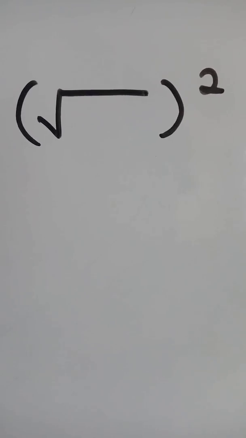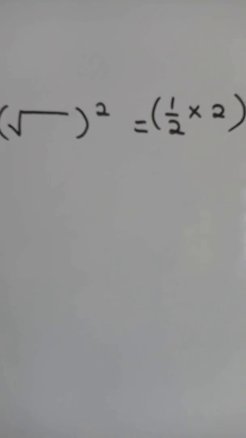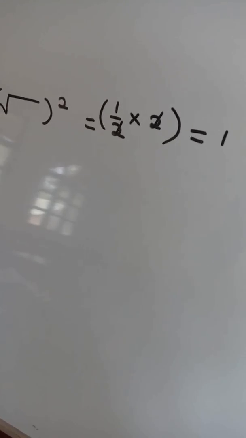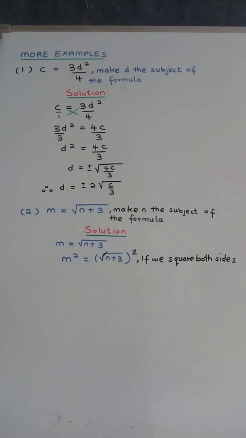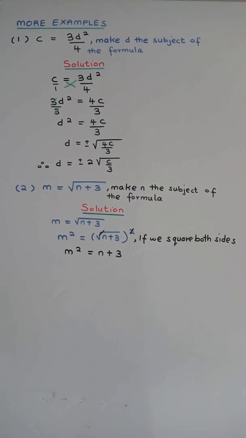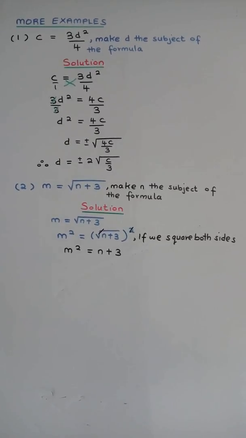Square root squared is equal to half times 2, which is equal to 1. They cancel each other. m squared is equal to n plus 3.